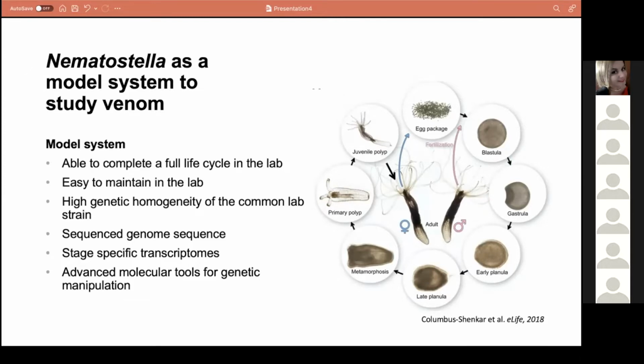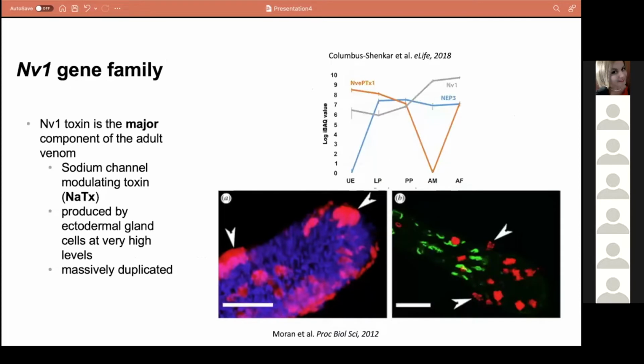And because of these, we also have a whole host of genetic tools that allow it to be manipulated, as well as understanding the location of different genes. And because of these tools, we've been able to characterize a number of different toxin families. In particular, NV1 is considered the major component of the adult venom, highlighted here.